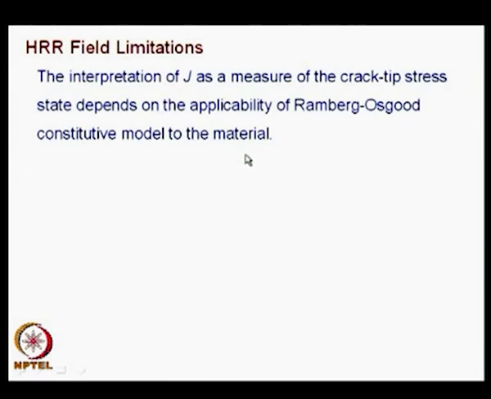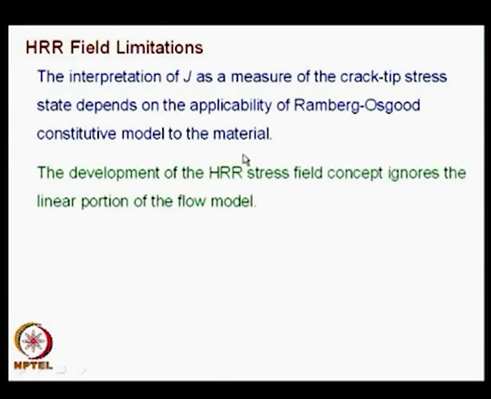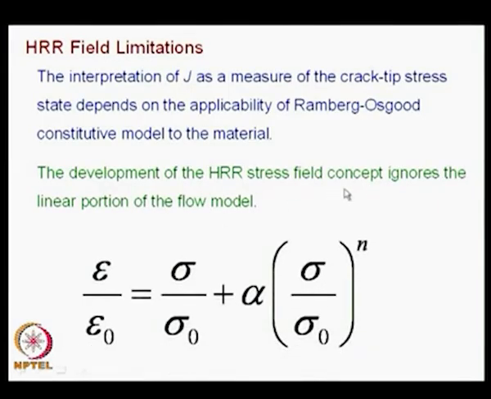And even in that, what people do, in the development of the HRR stress field concept, the linear portion of the flow model is conveniently ignored. When you look at the Ramberg-Osgood law, if you take any book in plasticity, you will have this expression: epsilon divided by epsilon naught equals sigma by sigma naught plus alpha into sigma by sigma naught whole power n.